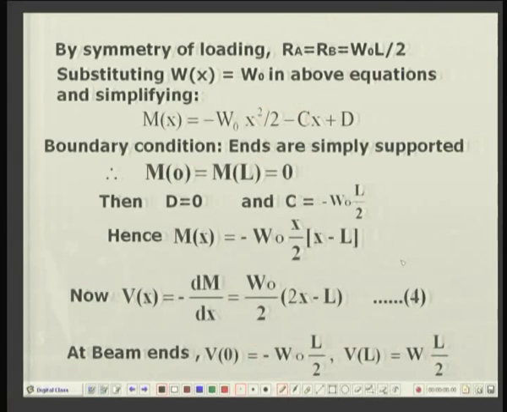So, by symmetry of loading as well as the beam, R A is equal to R B. Total load on the beam is W0 L, W0 being the load per unit length and L is the length of the beam. So, total load is W0 L, and hence each of the reactions will be equal to half of it.